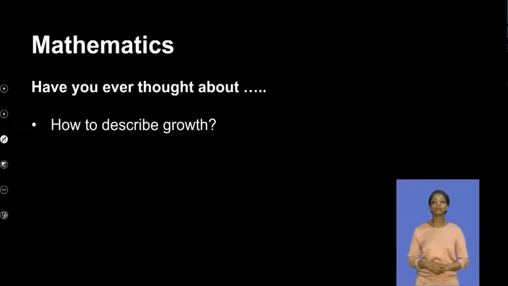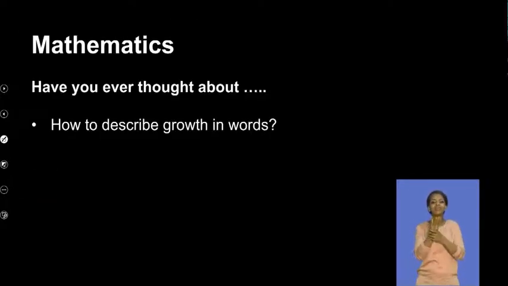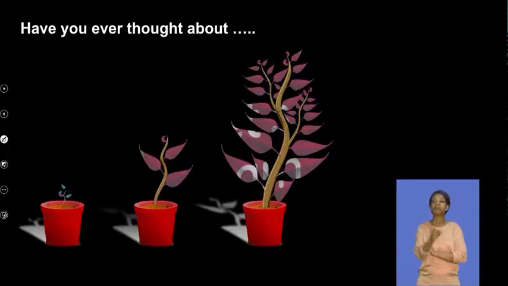So firstly, I will ask you, have you ever thought about how you would describe what growth is? That's something just to pause and think about there. And also, what exactly is growth? Now, if you look at this here, you can see that we are looking at a plant pot.